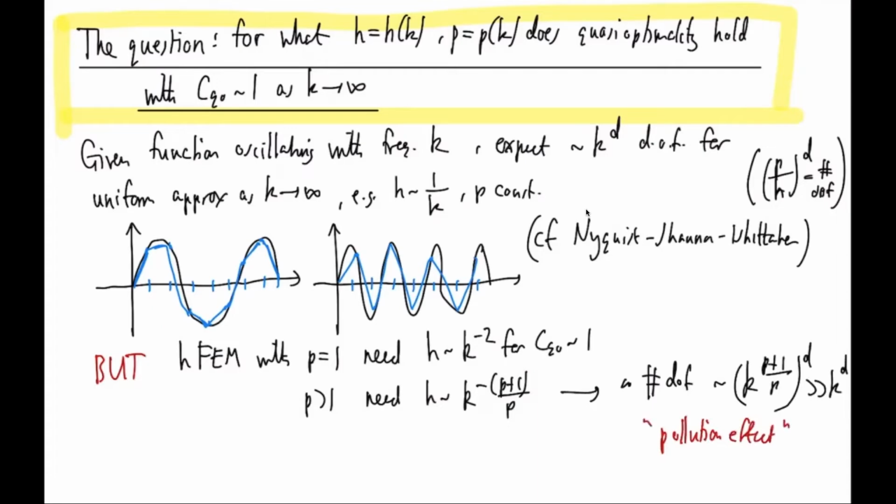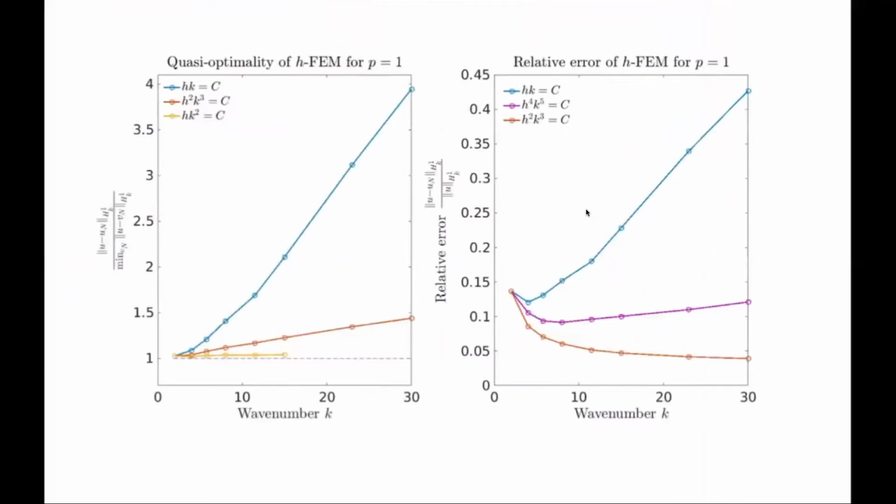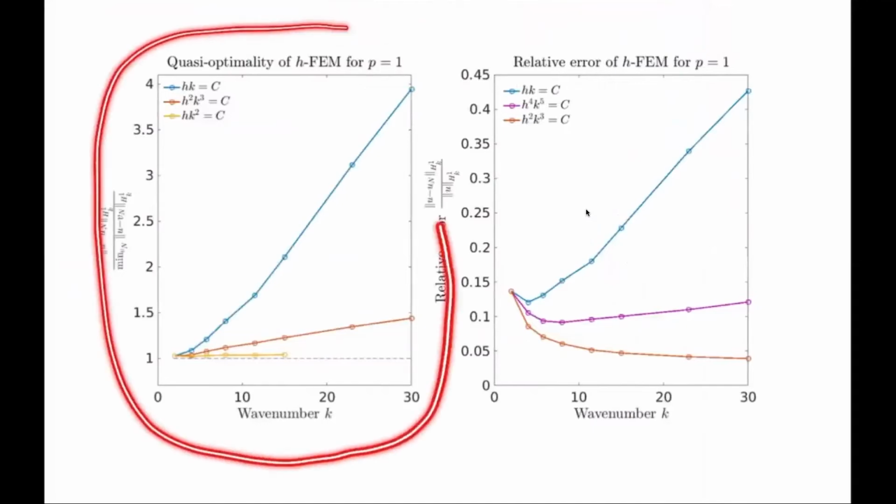I've got a concrete example here. Let's look at the left-hand plot. It's actually a more complicated model problem than ours, so these numerics are done for scattering by a ball, but we'd have the same results for our model problem.